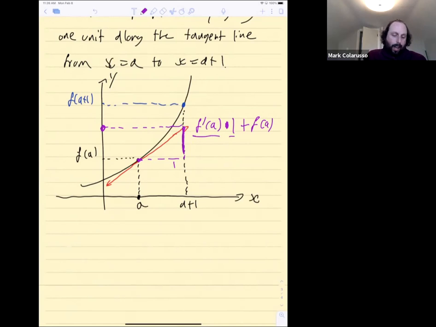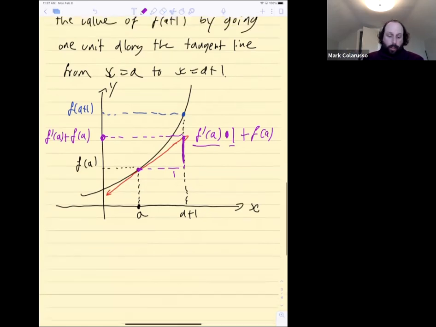It's not perfect, but it is a decent estimate of what you want to know, f of a plus 1. So that's the idea behind using the derivative, the rate of change f prime at a, at the point a, f at a, to estimate the value 1 unit later.